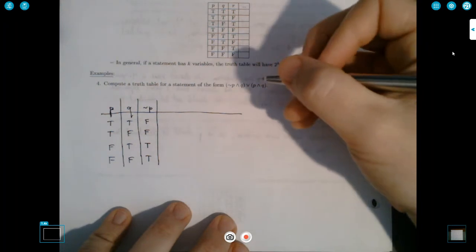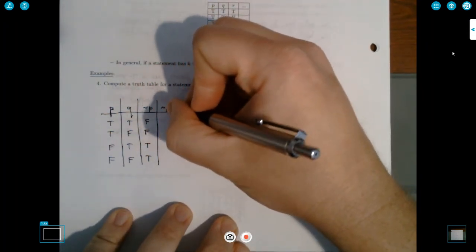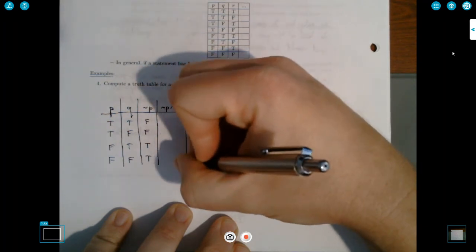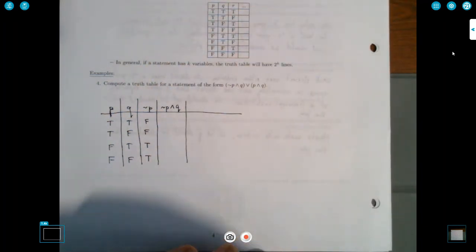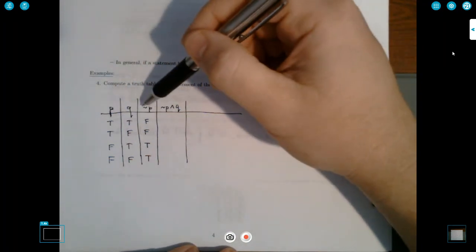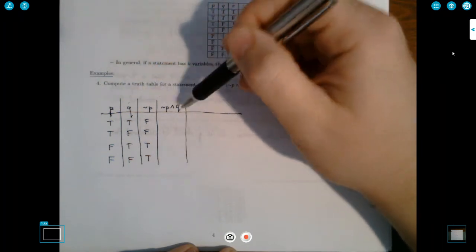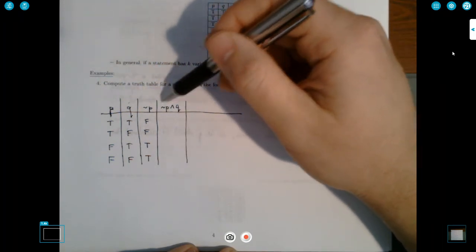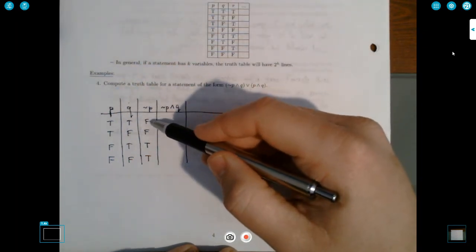Now I can make a column for not P and Q. All right, so for this first one, not P and Q. So I'm going to look at these two columns, not P and Q. And remember, in order for not P and Q to be true, we need for both of the things to be true. So here, not P is false, Q is true.